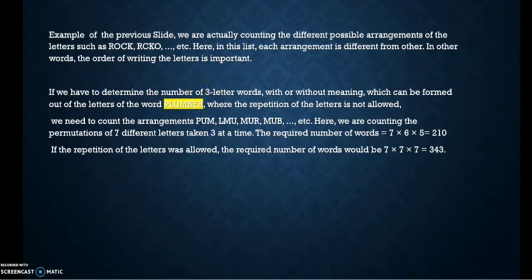So the first letter can be chosen in seven ways, the second place in six ways, and the third in five ways. I'm finding only three-lettered words. So altogether I will have 7 cross 6 cross 5, that is exactly 210 different three-lettered words.